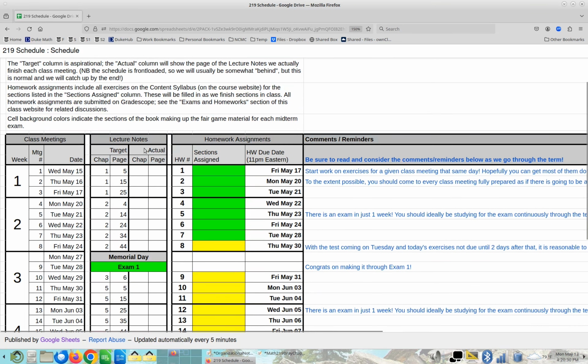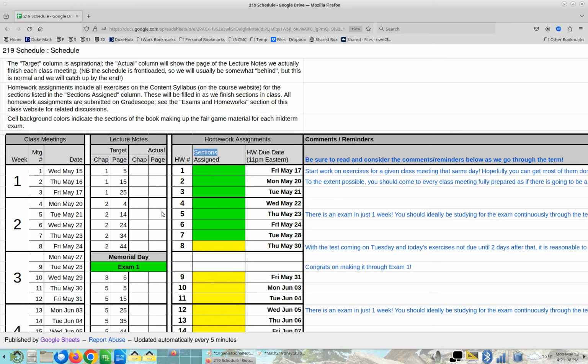What actually happens, and this is largely a tool for me to keep track of where we are, but also very useful for you if you want reminders of where we were at certain points in the course. You can refer to these columns right here, and those will be updated as we go along. Okay, so concerning the homework, homework 1, on our first day of class, we will finish certain sections from the content syllabus that we were recently looking at.